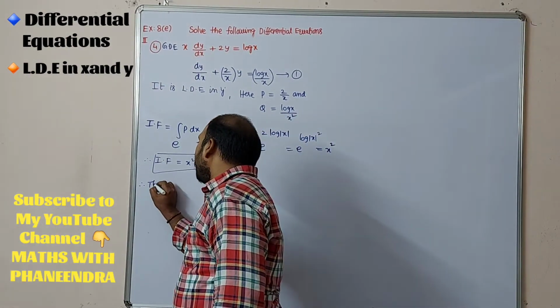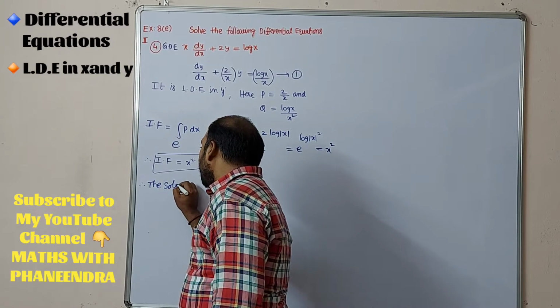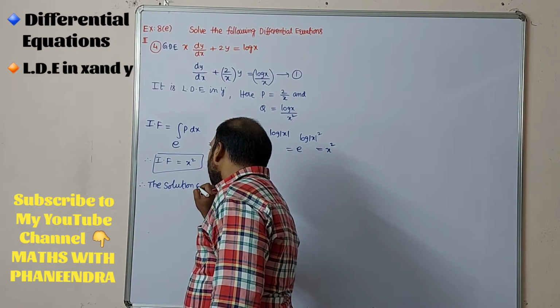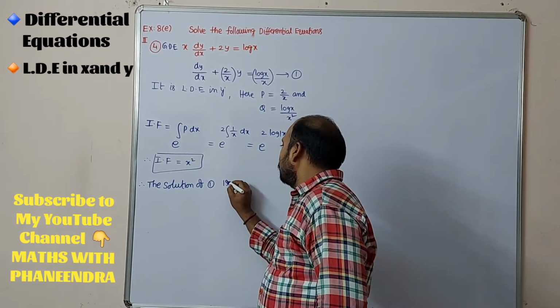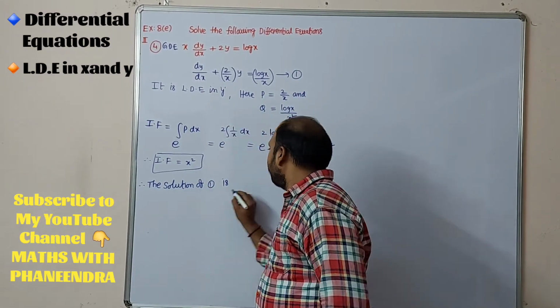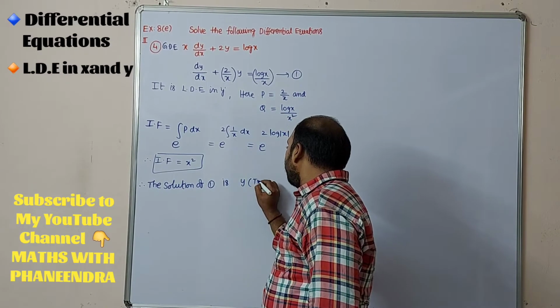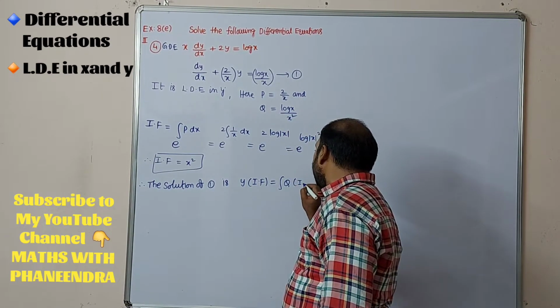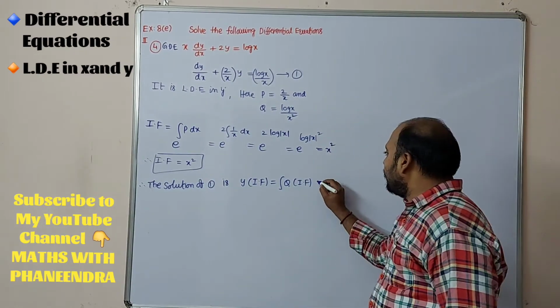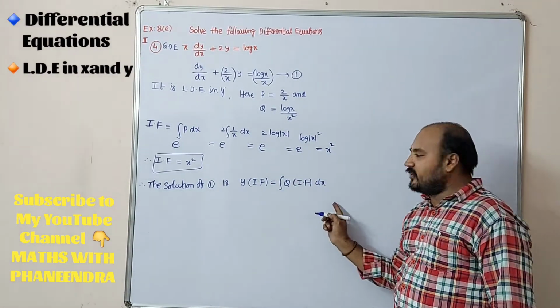Therefore the solution of the given differential equation, the solution of equation 1, is: start with y into integrating factor is equal to integral q into integrating factor into dx, end with plus c.